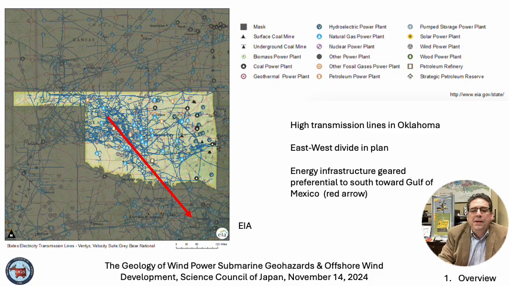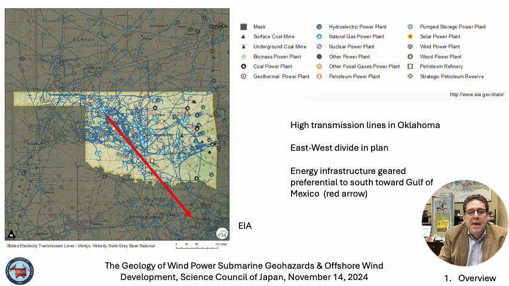If we move forward, we can see then that wind turbine distribution is clustered in parts of our state in Oklahoma. In fact, this is true for the U.S. in general, that there's kind of an east-west divide in the power system, largely driven by the landscape. And this cluster of high transmission lines sit over what we call the Anadarko Basin, one of our large basins, and the Panhandle.